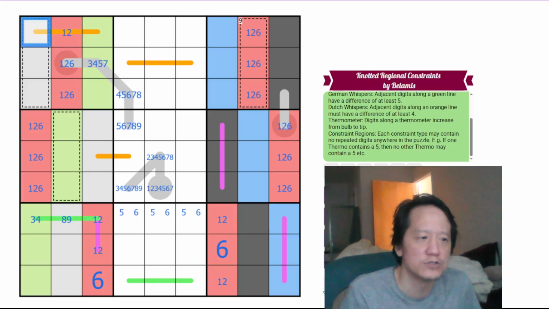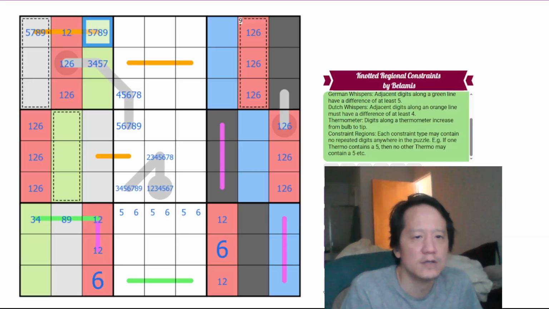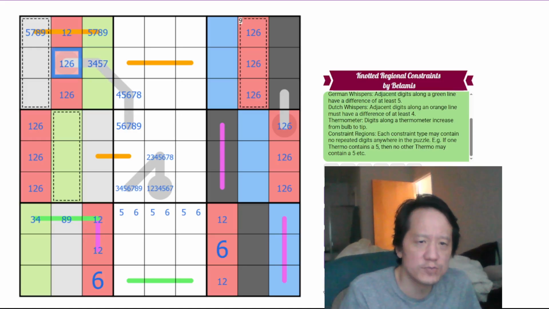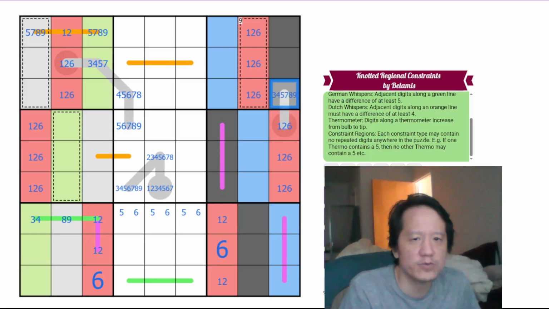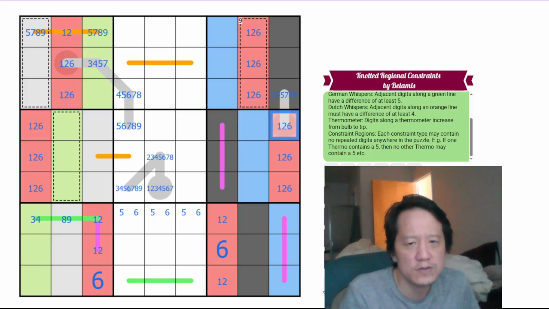This is 1 or 2. 1 or 2 can be next to 5, 7, 8, or 9. That's possibilities here. If this were 6, this would be 7, 8, 9. It's still possible. This is a 3, 4, 5, 7, 8, 9 set, but that doesn't really help us very much there.